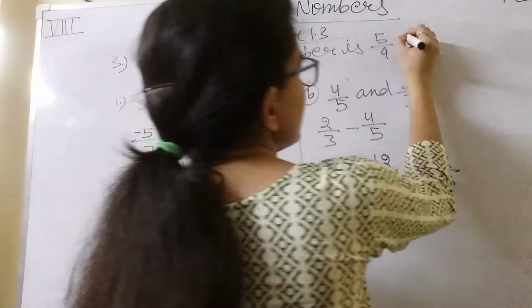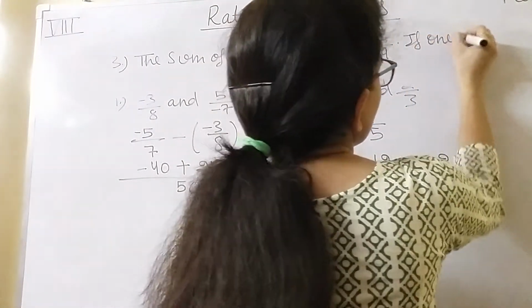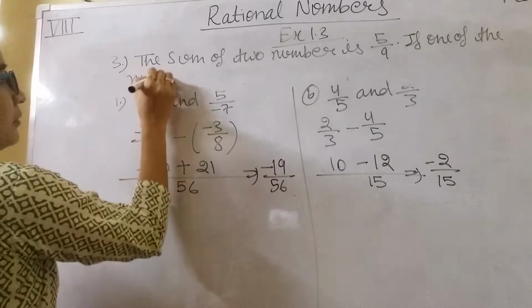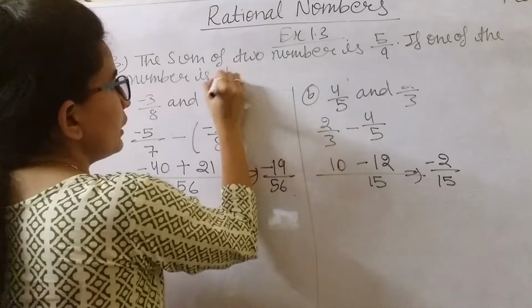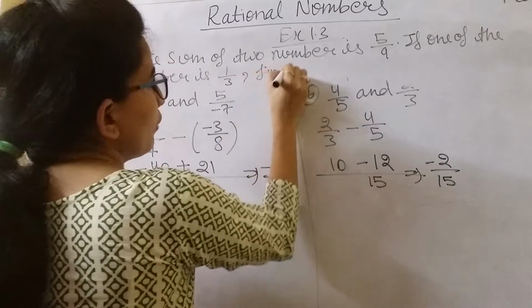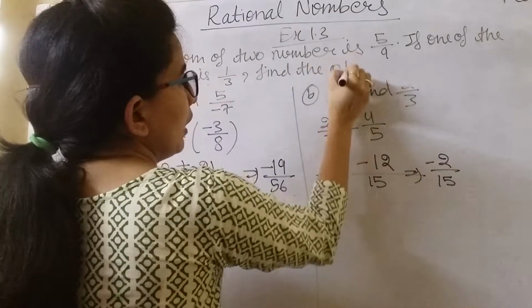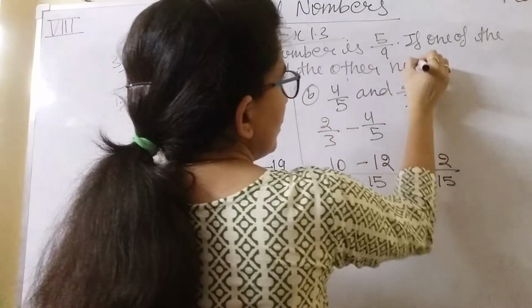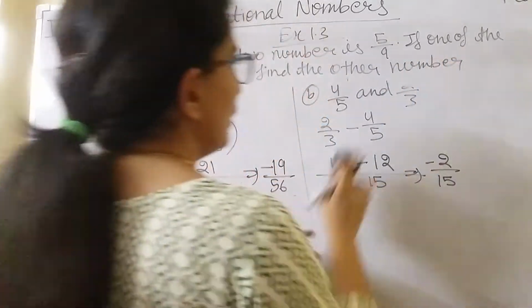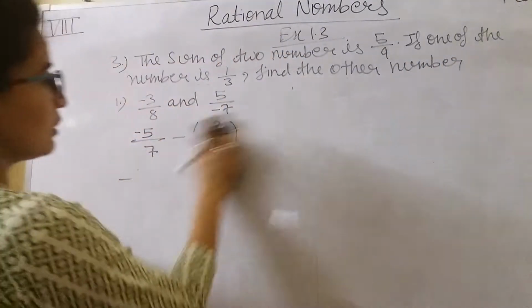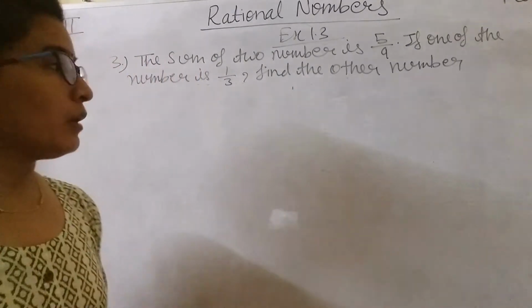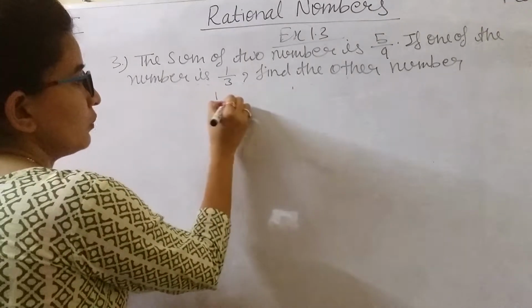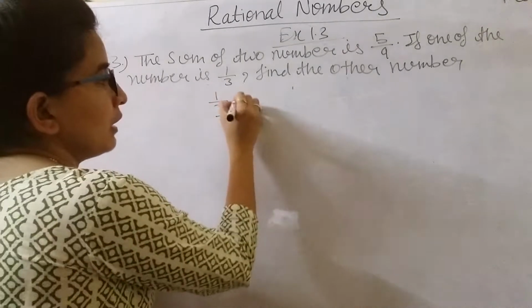If one of the numbers is 1 upon 3, find the other number. Now according to the question, the sum of two numbers is 5 by 9. One number is given to us which is 1 upon 3, and we have to find the other number.